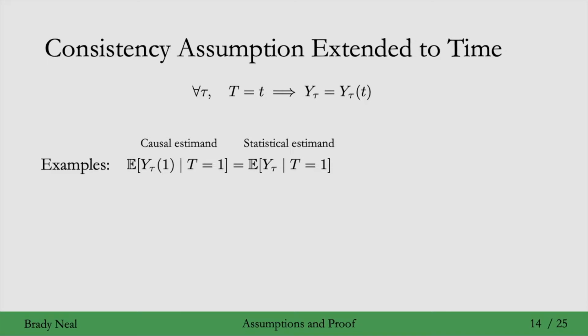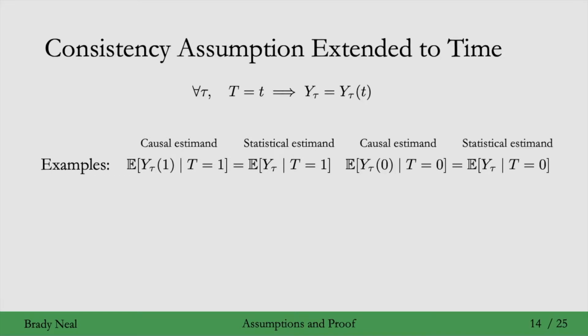So just as before, we have causal estimands when we have potential outcomes, and statistical estimands, things that we can estimate from the observational data when we don't have any potential outcomes. So here that's just the parentheses. The subscript tau isn't important for whether it's a potential outcome or not, right? Because we observe data at every time step.